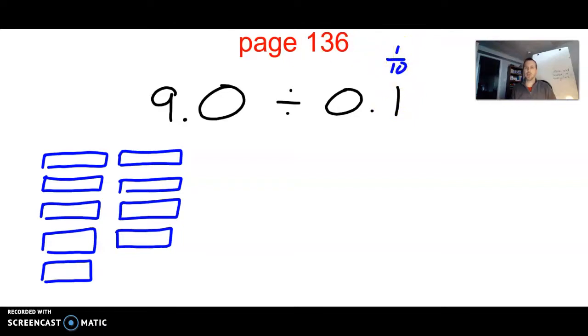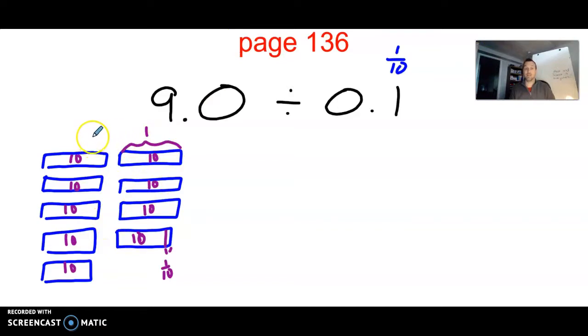So we would really have to decompose this one into 10 parts, 10 parts, 10 parts, 10 parts. As great mathematicians, we would label this one whole, and one of those little lines we'd label 1/10.